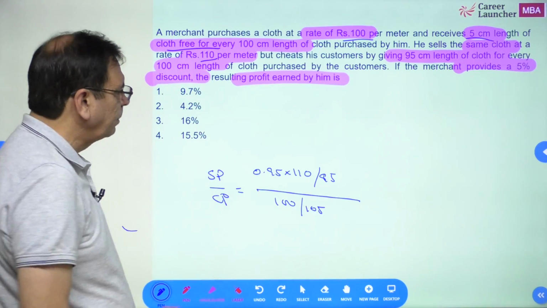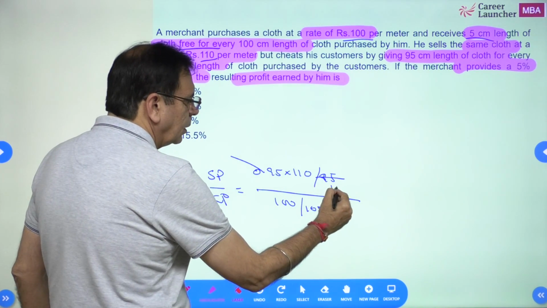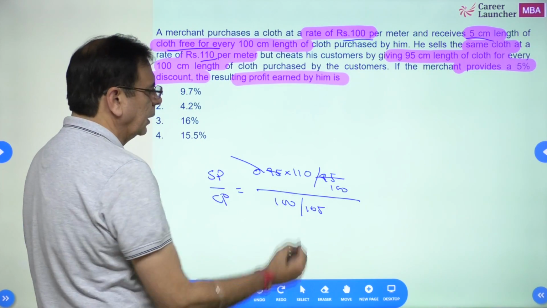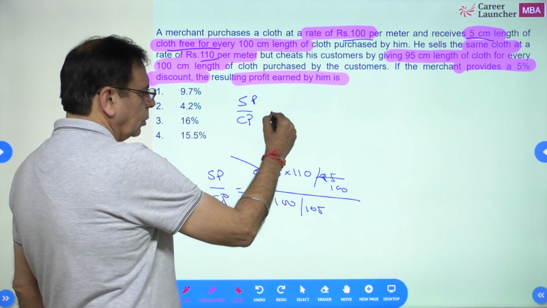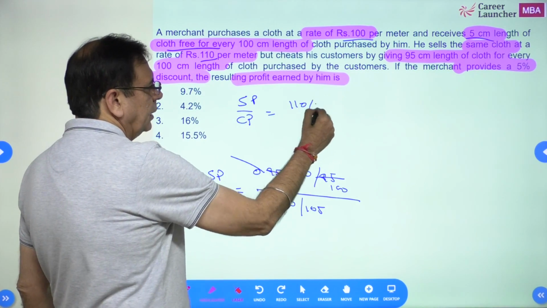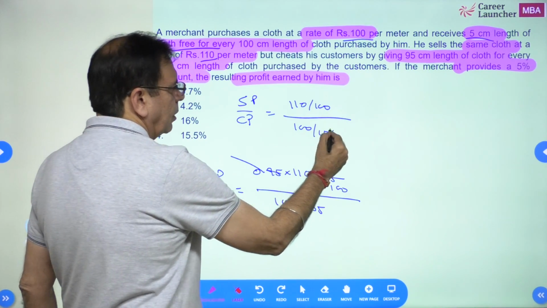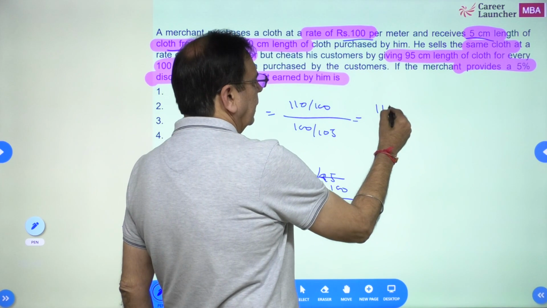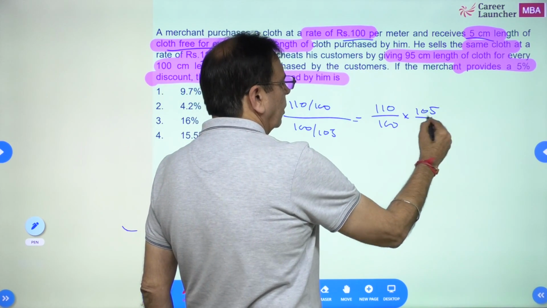So let's make it simple. So if I remove this, what will this become? 100. So what is this equal to? So SP upon CP, the numerator becomes equal to 110 by 100 and denominator में क्या है? 100 by 105. What is this? 110 upon 100 into 105 upon 100.